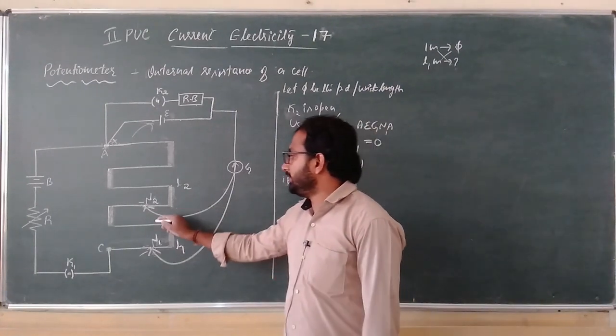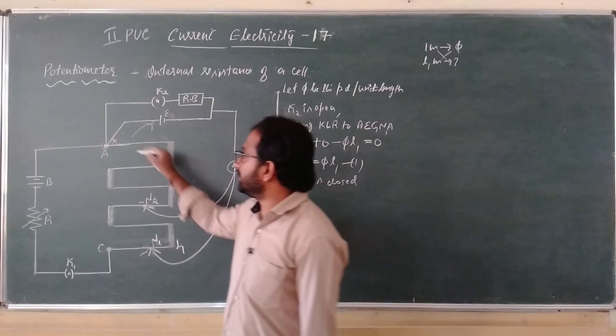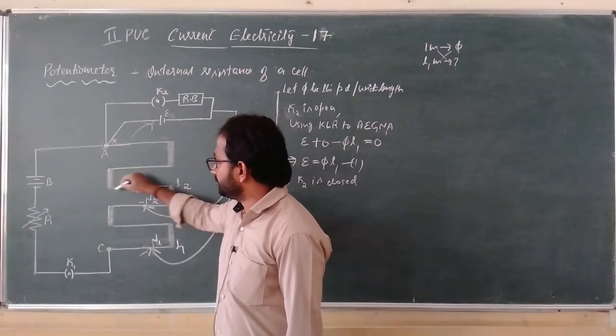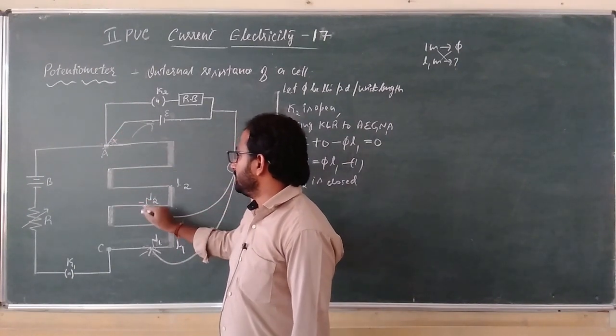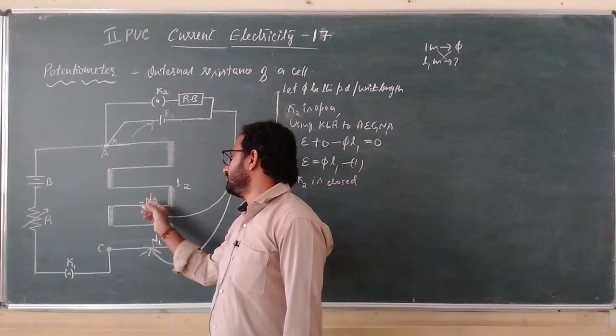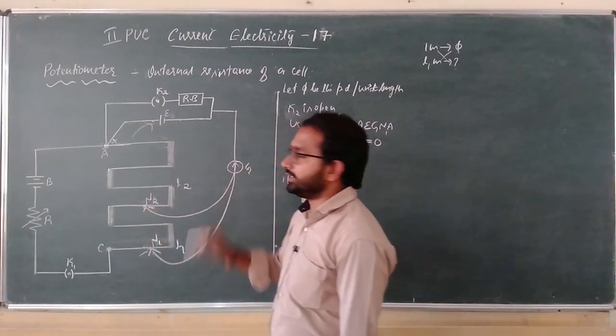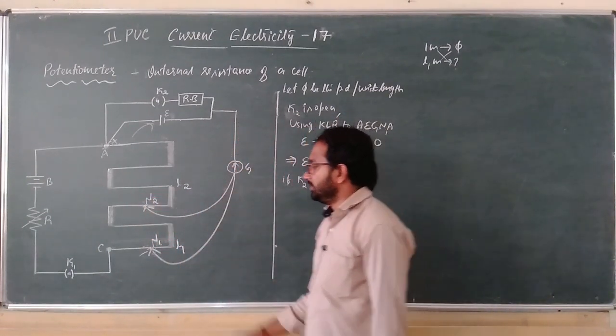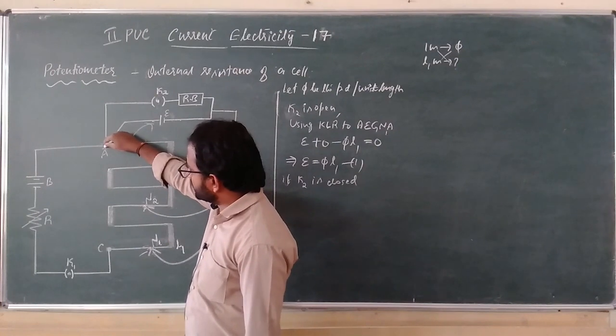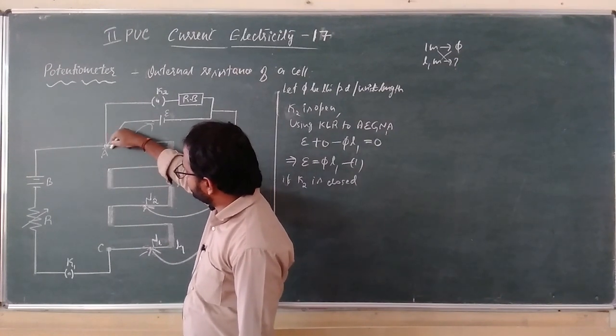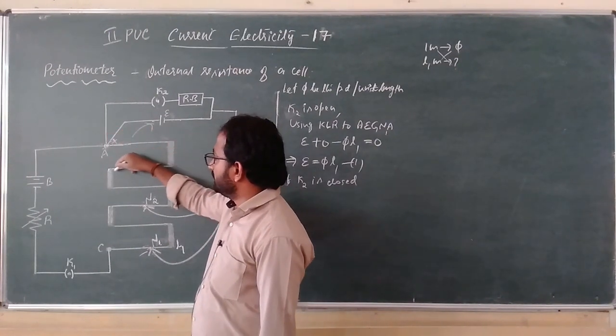Now move the jockey from A along the wire.